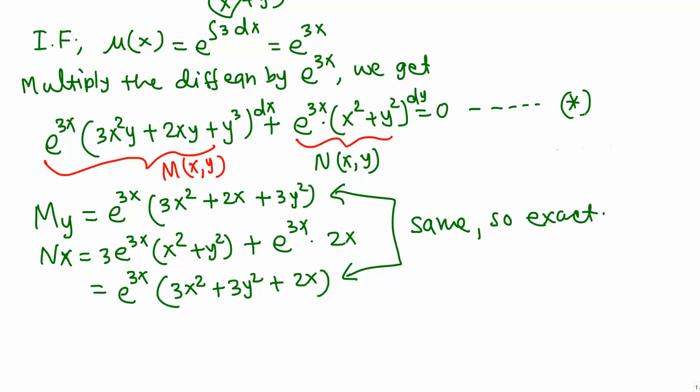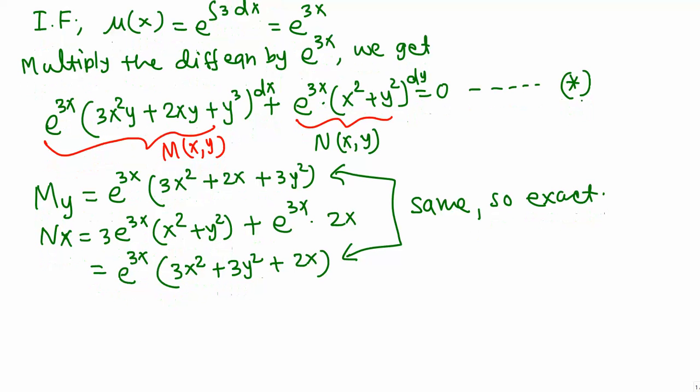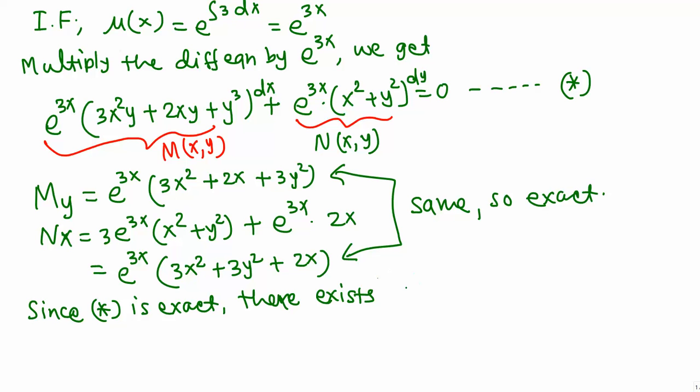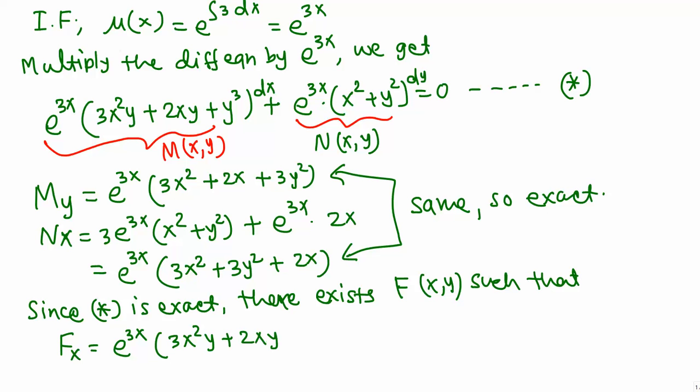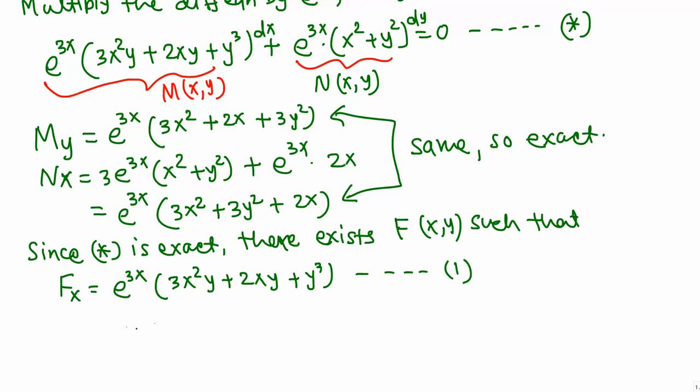Now we want to solve star. Since this differential equation star is exact, by definition there exists a function f of x, y, such that the partial derivative of f with respect to x is M, which is e raised to 3x times (3x squared y plus 2xy plus y cubed), and this is 1 for future reference.